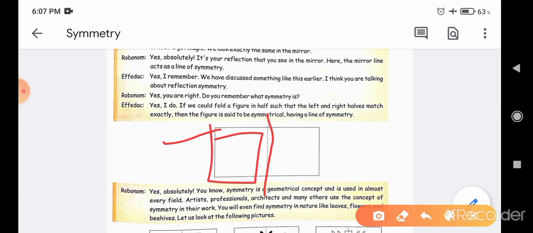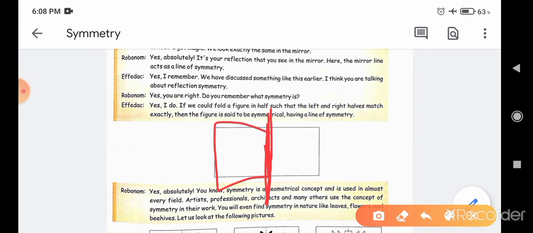From here we have folded this figure, so this line is said to be the line of symmetry, and its left and right parts are the same. They match exactly with each other. So this is called a symmetrical figure, and its line of symmetry is this line.